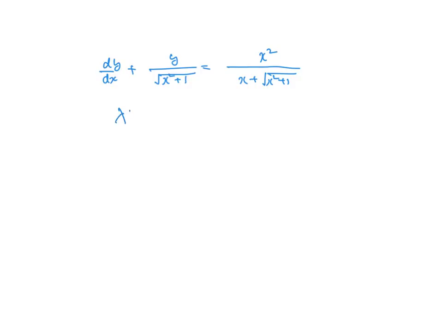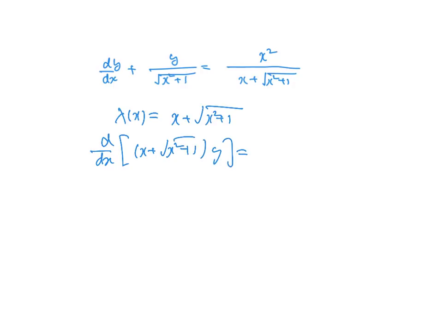Lambda x is x plus square root x squared plus 1. So our equation is the following. d/dx of x plus square root x squared plus 1 times y is lambda x, x plus square root x squared plus 1, times x over x plus square root x squared plus 1. So they cancel each other. X squared.